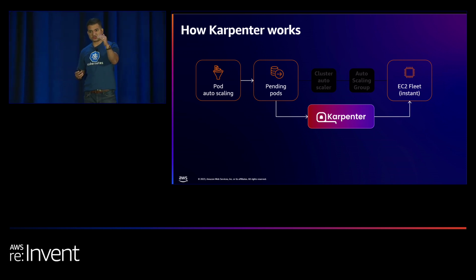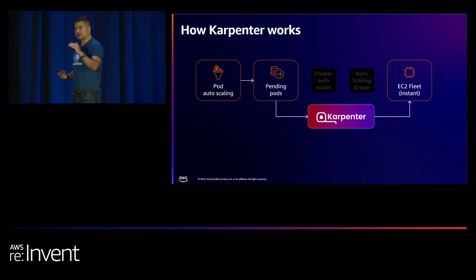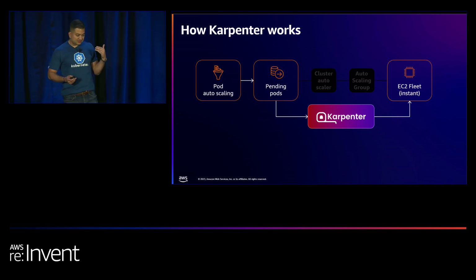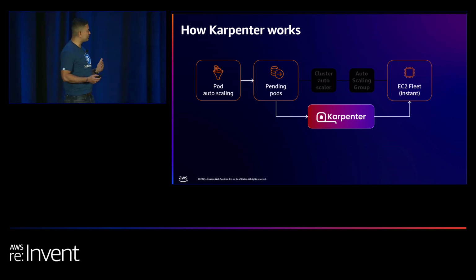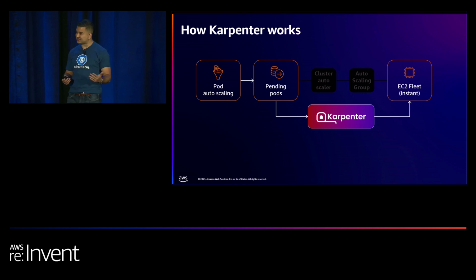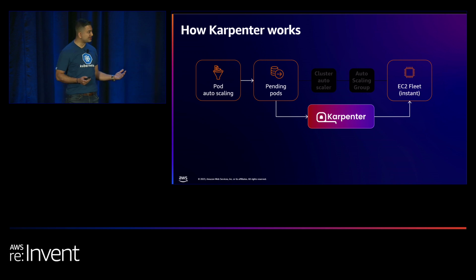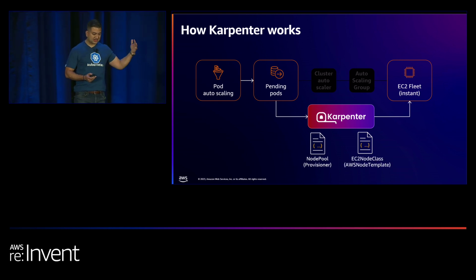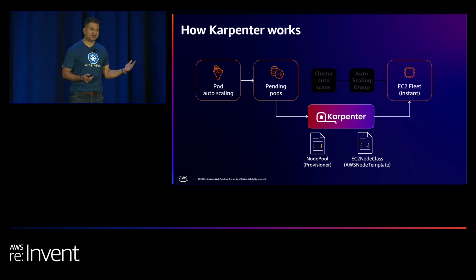Pending pods talk to the scheduler, which talks to Karpenter, which interacts with EC2 directly and provisions the EC2s for you. Because it interacts directly with EC2 APIs, it is faster, flexible, and Kubernetes native. And you have a lot of controls to say what kind of EC2 instances you want to provision, AMIs, etc. You do that using two YAML files: node pool, formerly known as provisioner, and EC2 node class, formerly known as AWS node template.